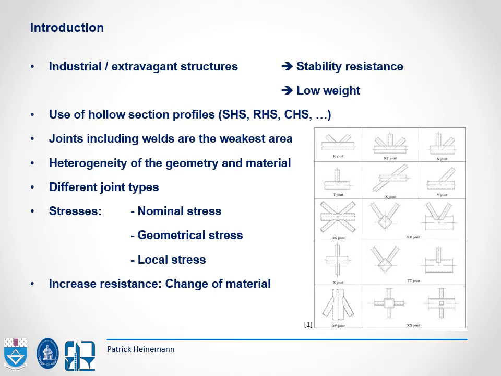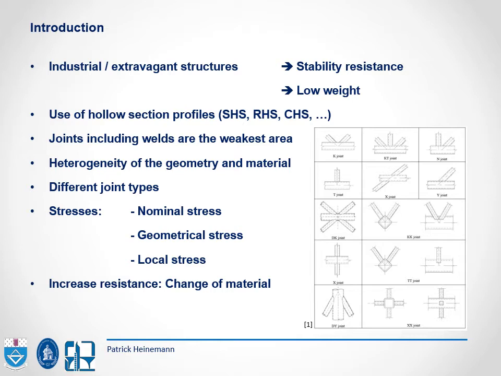Secondly, there's a geometrical stress due to the heterogeneity of the structure. And the third part is the local stress, which is induced due to the quality of the welding, for example, if there are some imperfections and so on.